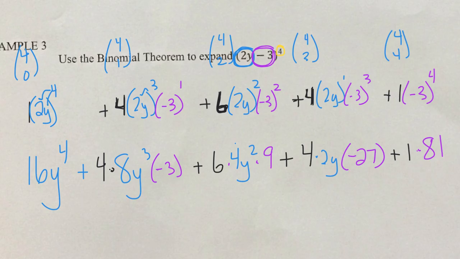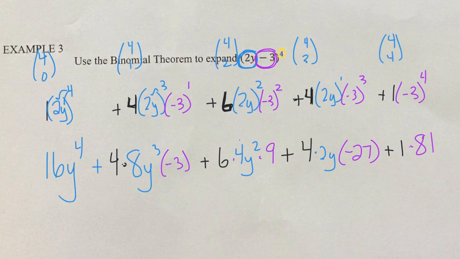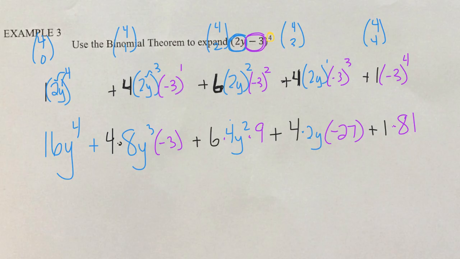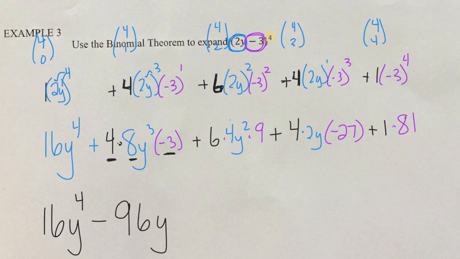Okay, so we are expanding each of our little terms, right? We multiplied our blue terms out, and then we multiplied your purple terms out. So now we have to multiply all of our numbers together, right? So 16y to the fourth, that stays. We have 4 times negative 3, which is negative 12. Negative 12 times 8 is negative 96y to the third power. Okay, 4 times 12 is 96, but because it's negative, we're going to change our plus sign to a minus.